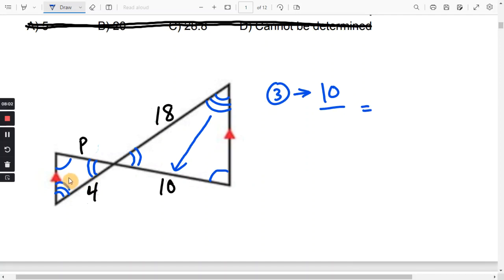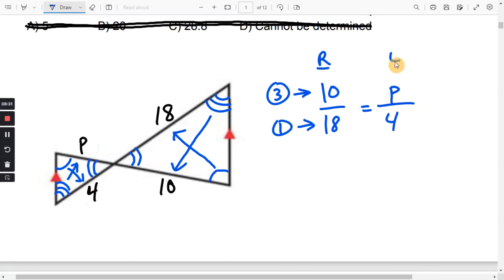And on the other side, across from 3, that's a P. Now in the denominator, across from 1, that's 18. On the other one, across from 1, that's 4. These values came from the triangle on the right, and these values came from the triangle on the left.